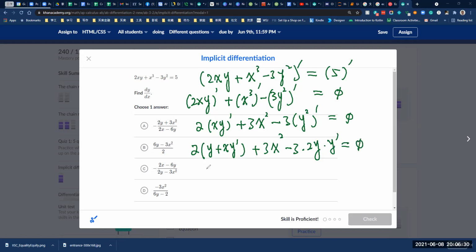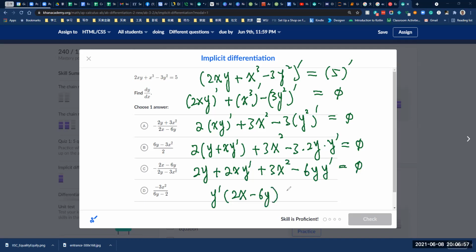Now we just combine the like terms. So we get 2y plus 2xy prime, plus 3x squared, minus 3 times 2, 6y y prime, equal to 0. Then put the y prime together. So y prime is 2x minus 6y.